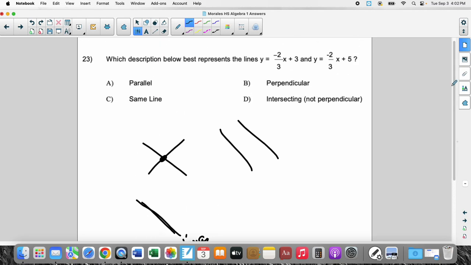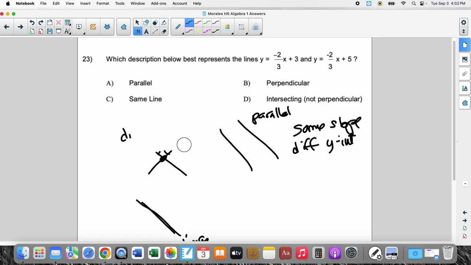When you have parallel lines, they have the same slope but different y-intercepts, and that's what makes them not the same line. You can also have perpendicular lines. Sorry about that.